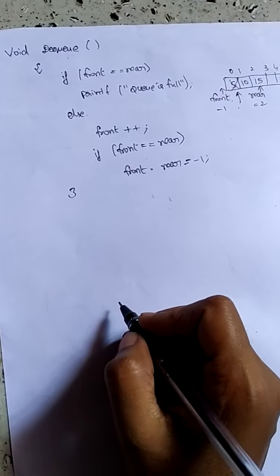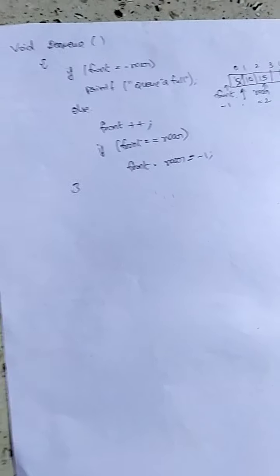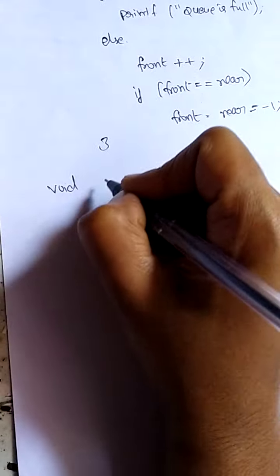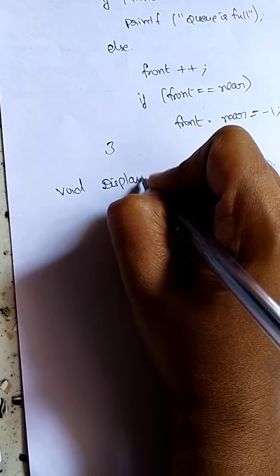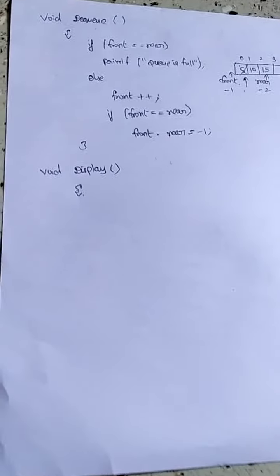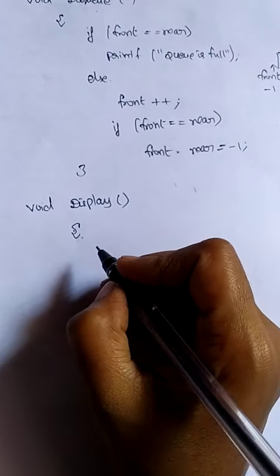Okay, now the third operation you are going to do is display. So how can I display? Void display. First thing, in order to display, I should be clear that the queue is not empty.